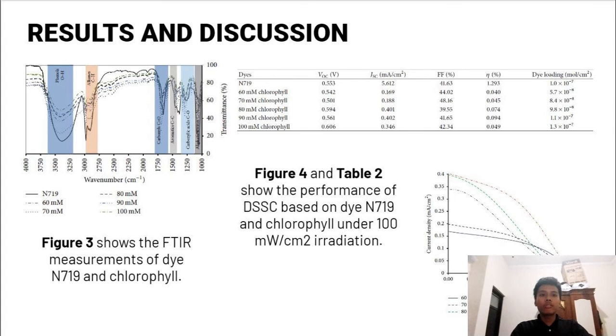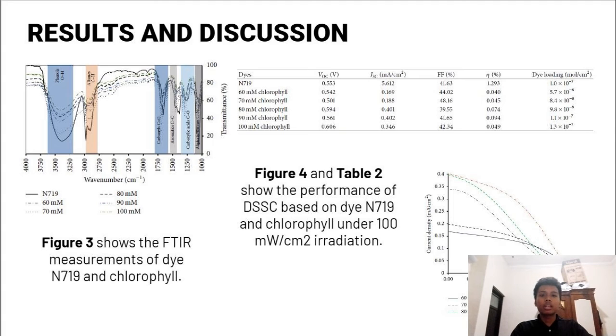And then figure 4 and table 2. Figure 4 and table 2 show the performance of the DSSC based on the dye N719 and chlorophyll under 100 mW per centimeter square irradiation. All chlorophyll dye-based DSSCs have a lower energy conversion efficiency than N719 dye-based DSSCs.